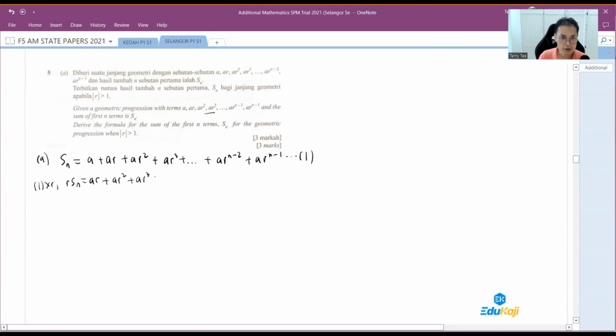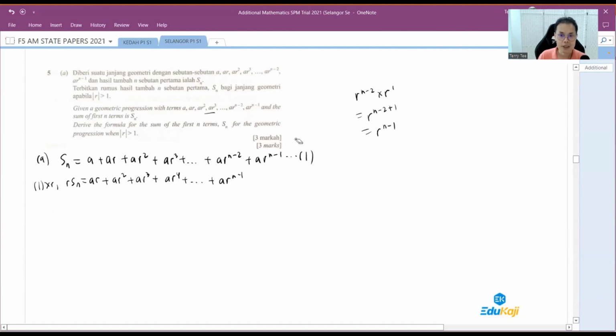And so on. This is ar cubed. This will be ar^4. And if I take ar^(n-2) and multiply by r, r means r power 1, you get n minus 2 plus 1, which is ar^(n-1). So what I'll be getting is the same as the last term here.